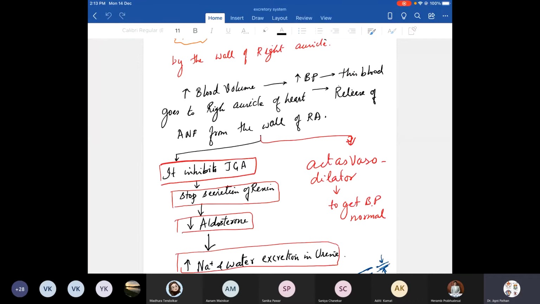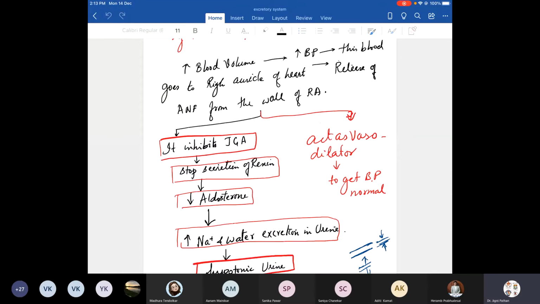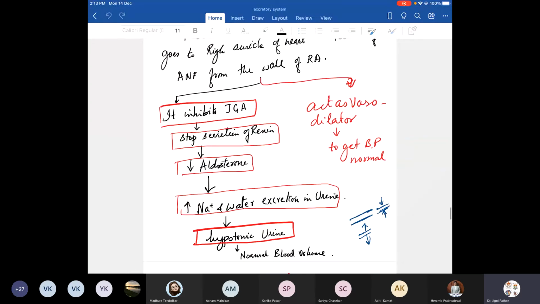Now, what does this ANF do? This will inhibit the juxtaglomerular cells, which will stop the secretion of renin. When there's a stop in the secretion of renin, there's a decrease in aldosterone. When there's a decrease in aldosterone, there's an increase in water and sodium excretion, leading to hypotonic urine and normal blood volume.